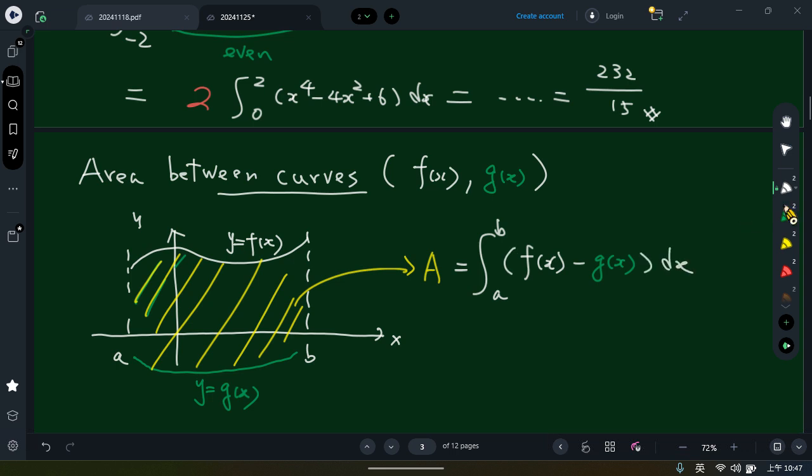So we just apply this once, then minus g of x, because for each rectangle, you divide the interval from a to b into several pieces. For each piece, we can get the height from here to here, which should be f of x minus g of x, times delta x, very small, and then sum them together.